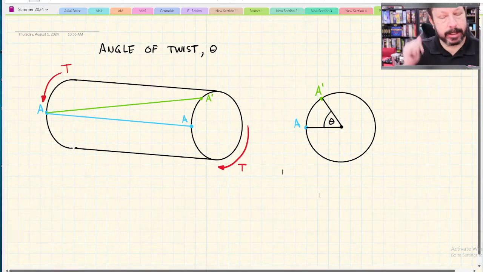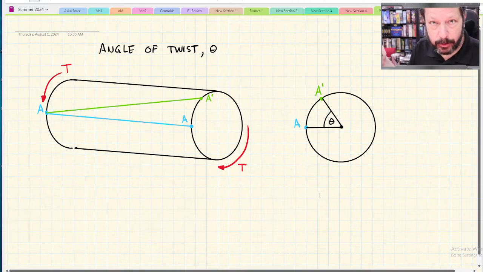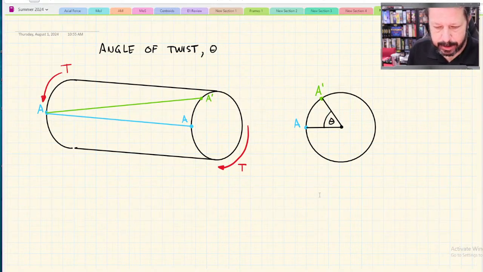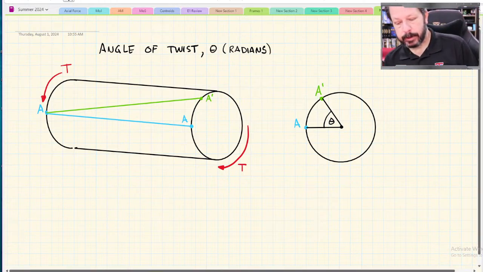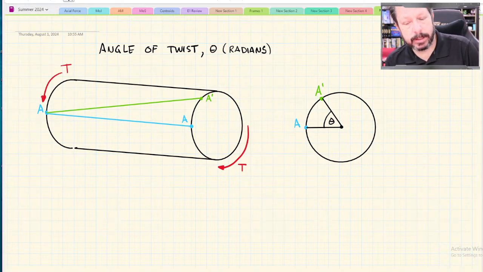What I was saying is, when you calculate angle of twist from our equation, we'll look at the equation in a second, it is going to come out in radians. That's just the way most theoretical equations work. You can have equations that generate degrees, but degrees are kind of made up.